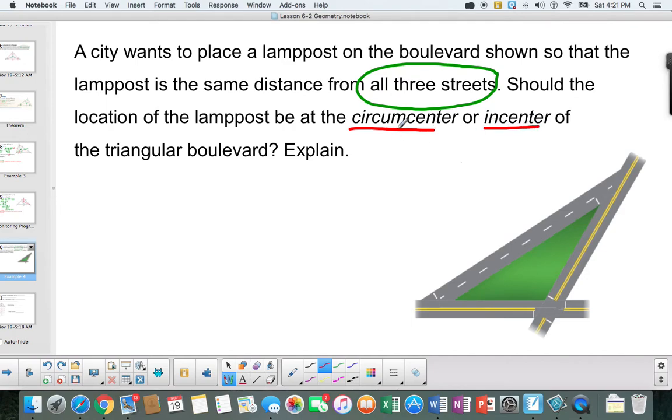Remember, the circumcenter is equidistant to the vertices, and incenter is equidistant to the sides. So the answer is I'm going to want to find the incenter, which means I'm going to want to do angle bisectors. I want to find where those angle bisectors meet, and where they meet, wherever it is, that point is going to be equidistant to all the sides, and that's what I want.